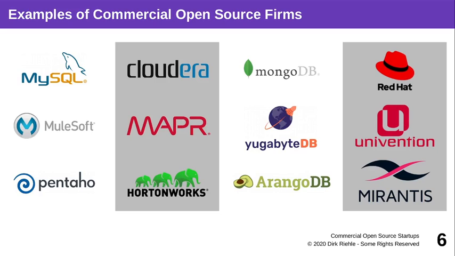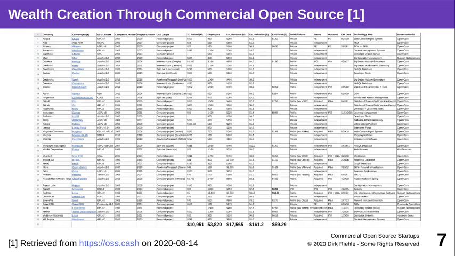So commercial open source is all around you in this software industry. Many of these logos and marks and companies and products you probably knew. And it turns out it's a lucrative approach.